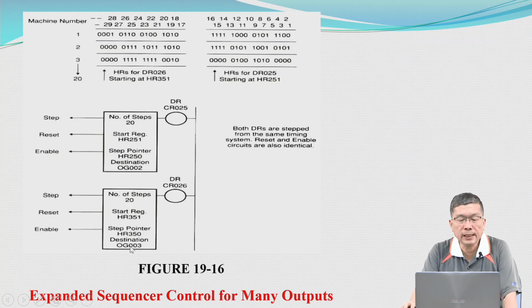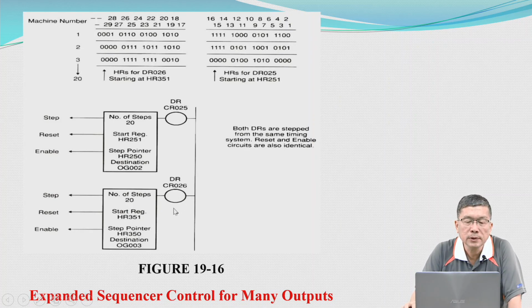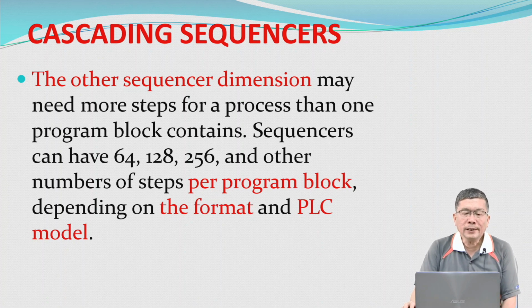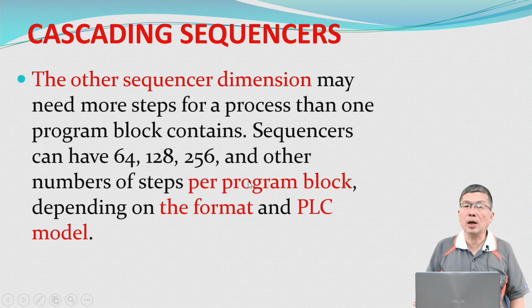This shows the expanded sequencer control for many outputs. We have two registers here. The other sequencer dimension may need more steps for a process than one program block contains.